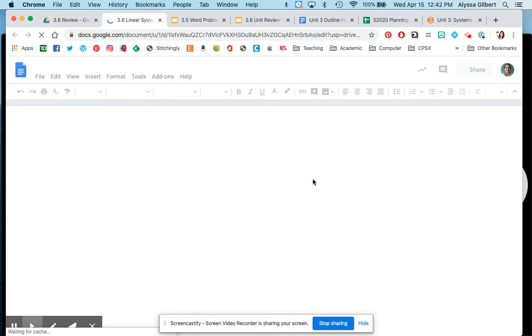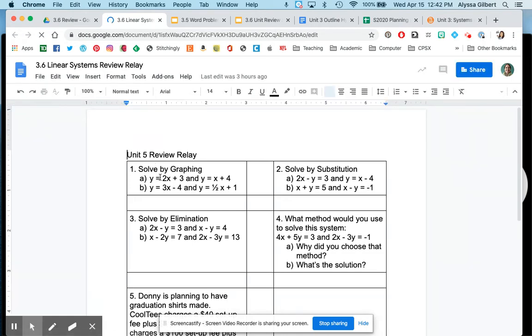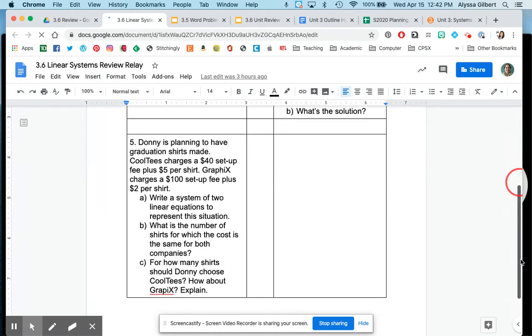We've done relays before, and it's going to have different types of each question. Here we go. So you're going to have questions to solve by graphing, solve by substitution, solve by elimination, and decide which method would be the best to solve that one. And then the last one will be a word problem.